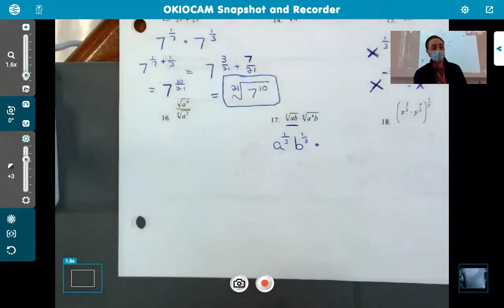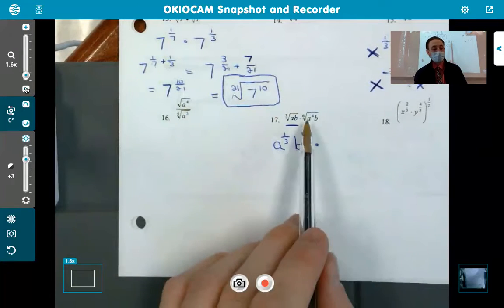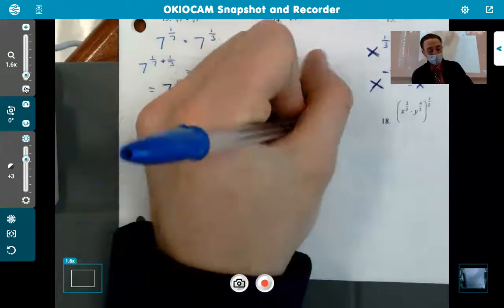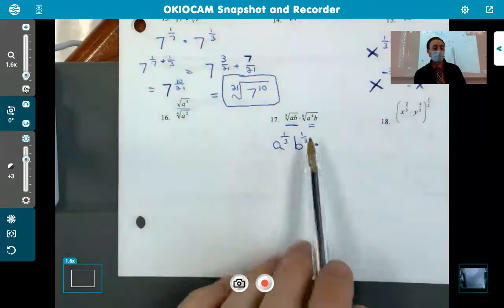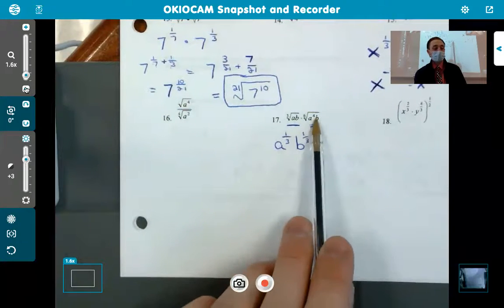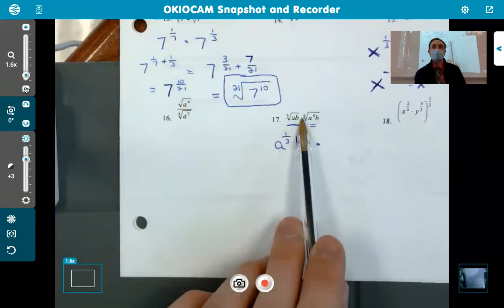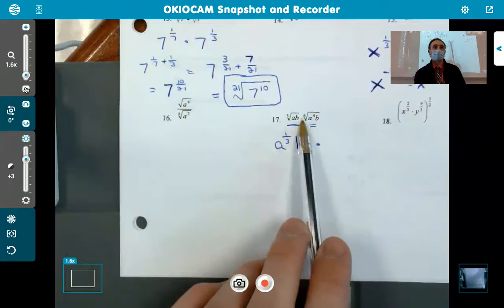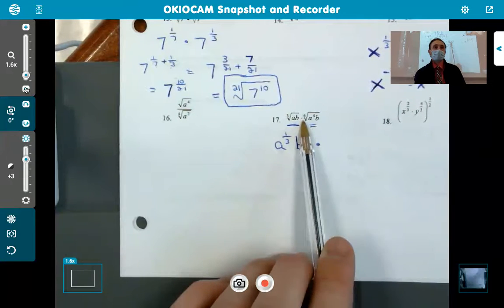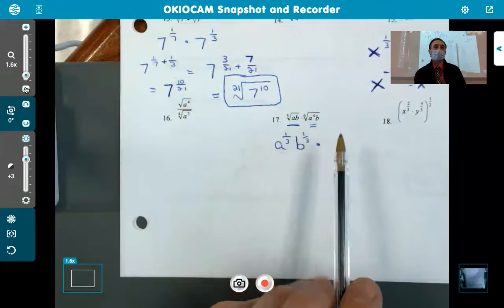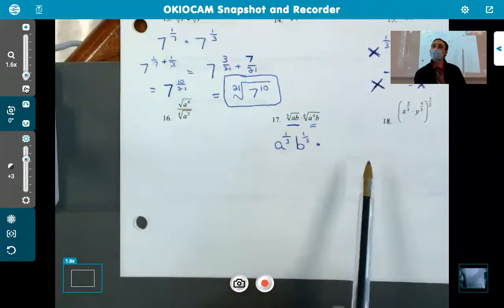I'm multiplying that by, again, now I'm going to work with my second term. A to the 4th divided by 6. Well, what's 4 over 6 simplified to? 2/3.